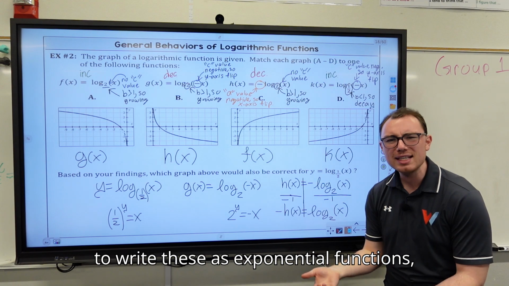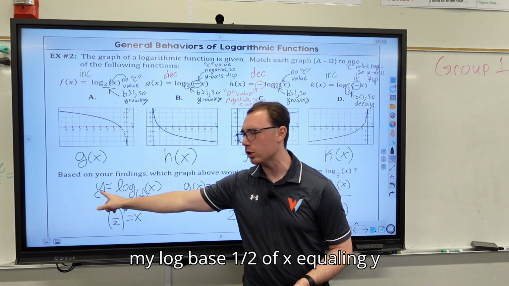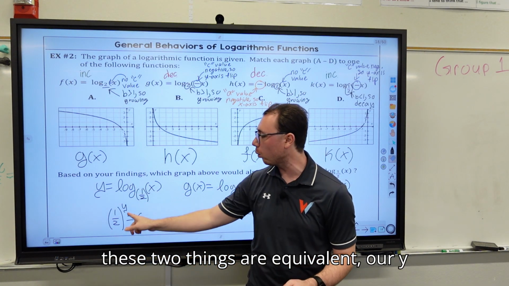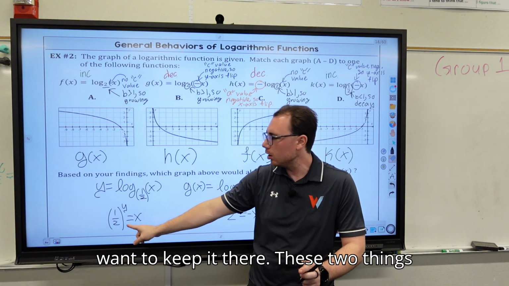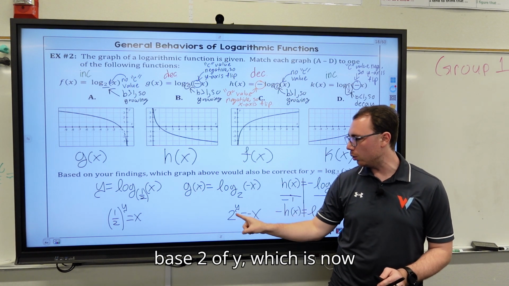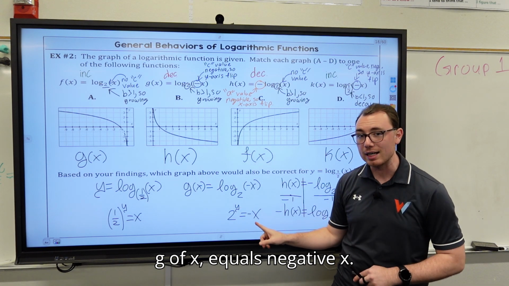If I were to write these as exponential functions, my log base 1/2 of x equaling y gives me this exponential function, where these two things are equivalent. Our y happens to be in the exponent, which makes it kind of hard to see, but I just want to keep it there. These two things are equivalent. Our g of x is base 2 to the y, which is now g of x equals negative x.